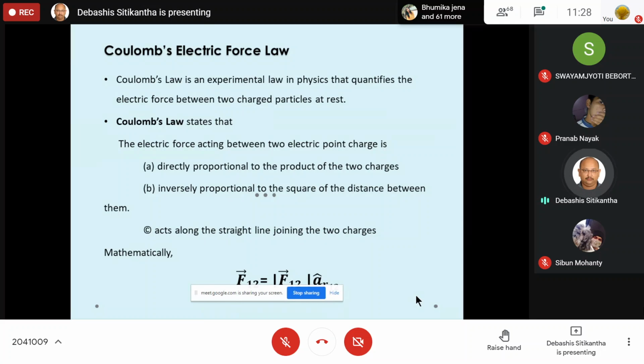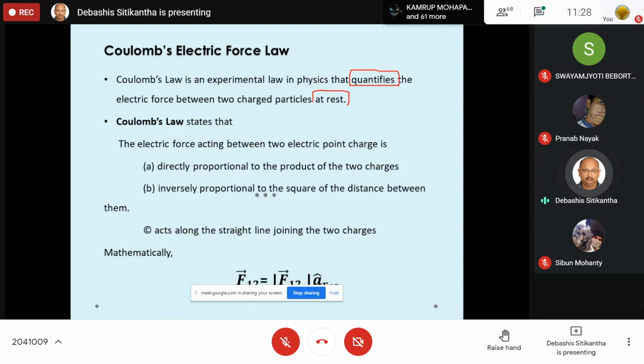So Coulomb's law is an experimental law in physics that quantifies, please note, it quantifies the electric force between two charged bodies at rest. These two lines are very important. It is going to give you the mathematical value of the electric force between two charged bodies at rest.